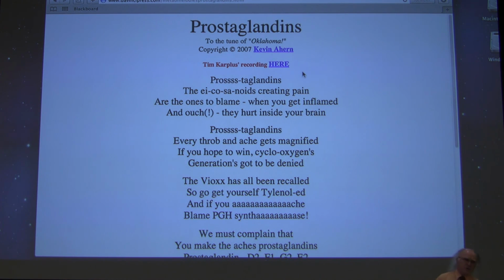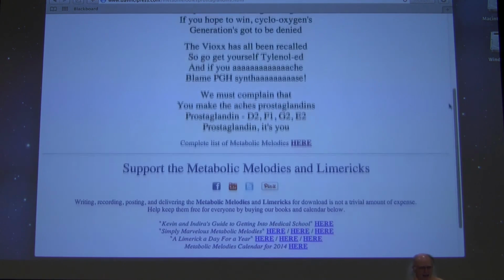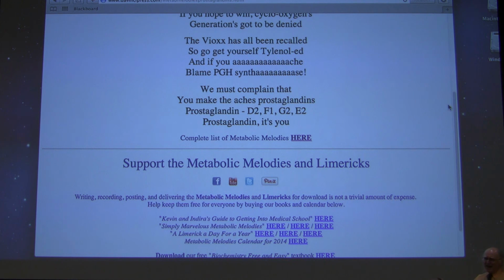If you hope to win, cyclooxygenase generations got to be denied. The Vioxx has all been recalled, so go get yourself Tylenol. And if you ache, blame PGH synthase, we must complain that you make the aches. Prostaglandins, prostaglandin D2, F1, G2, E2, prostaglandins, it's you.